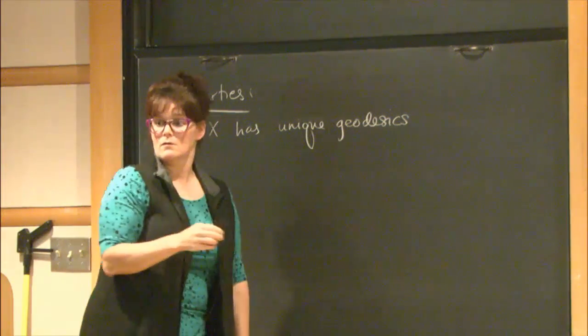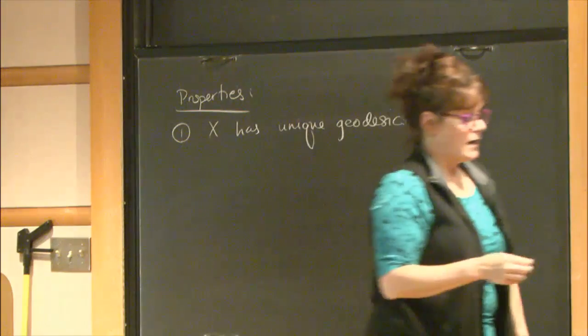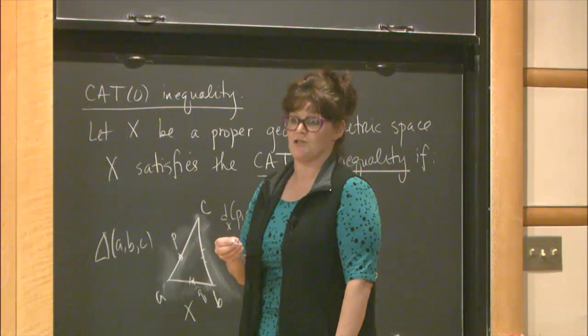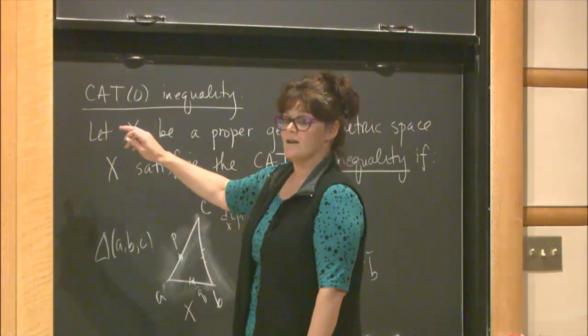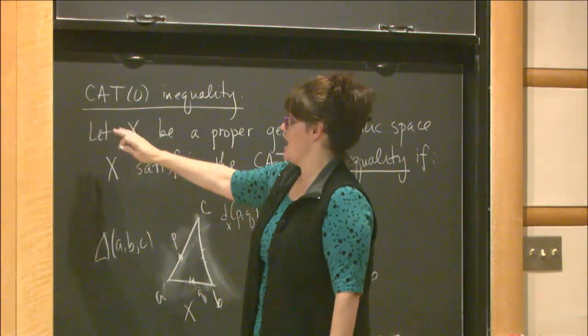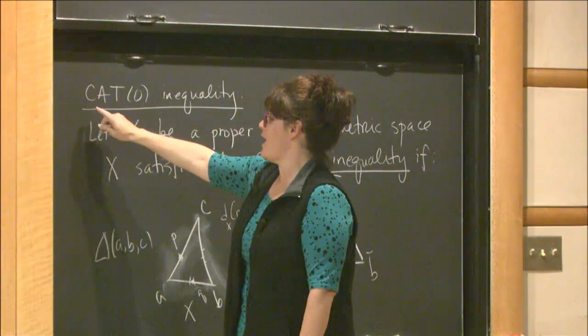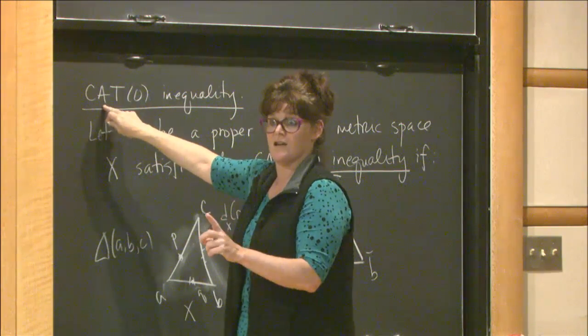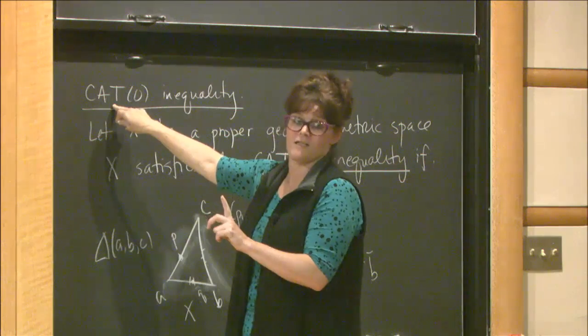Can you explain why it's called the Cat Zero inequality? Yeah, so Cat Zero, at least the way I always learned it, stands for people's names. There are 3 names associated to it. So it has nothing to do with categories, or cats, actually. I think of it as 3 names: Cartan, Alexandrov, Toponogov, whose name I always say wrong.